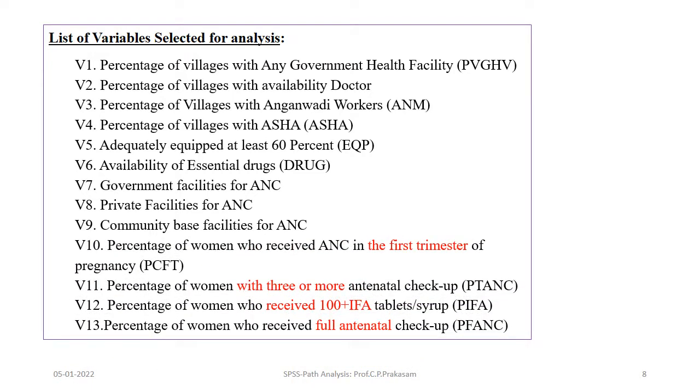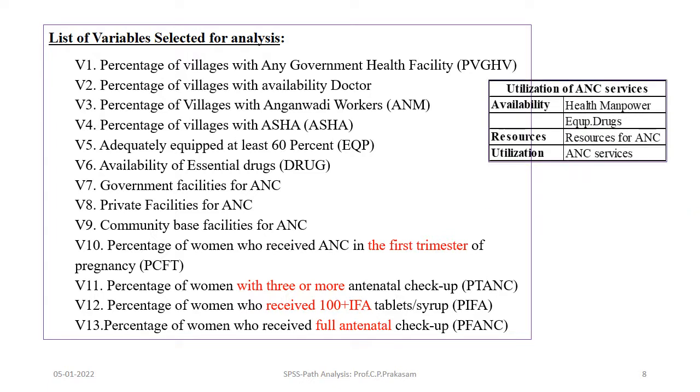Last one is the percentage of women who receive the ANC in the first trimester, that is the utilization factors, and with 3 or more ANC, received 100 plus IFA tablets, and also the full total antenatal checkup.